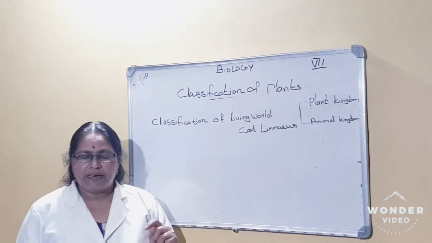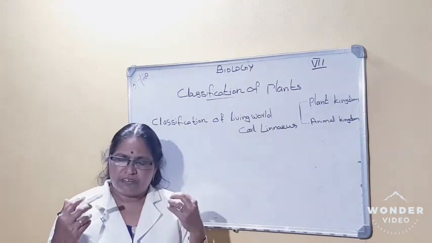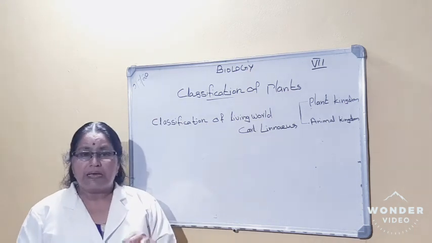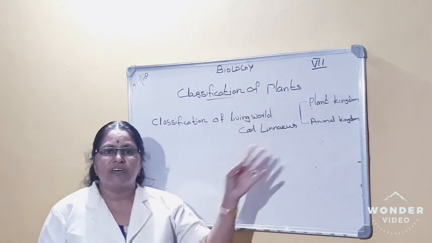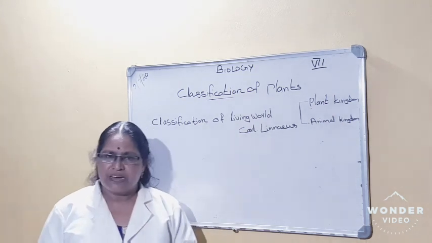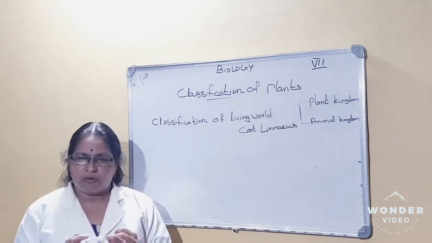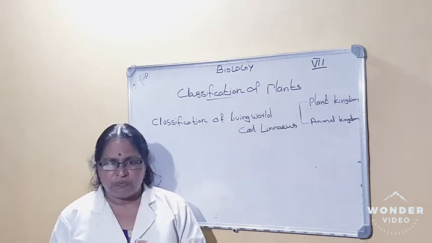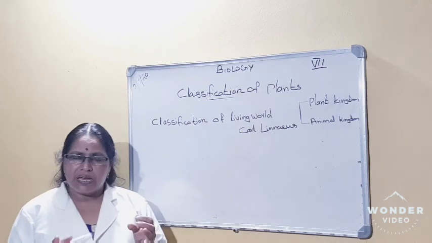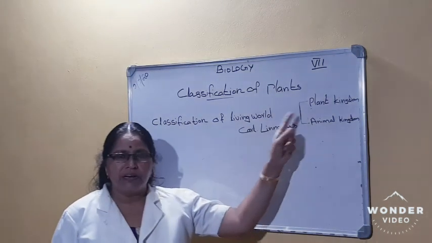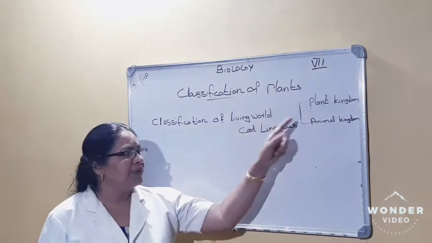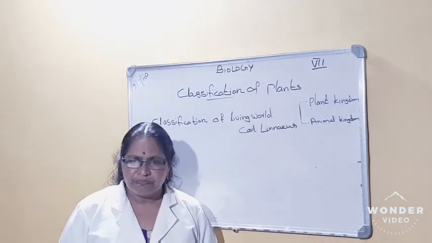But bacteria does not possess any characteristic of plants. It has no cell wall made up of cellulose. Only a few bacteria have chlorophyll. So then how can we include bacteria in the kingdom Plantae or plant kingdom?